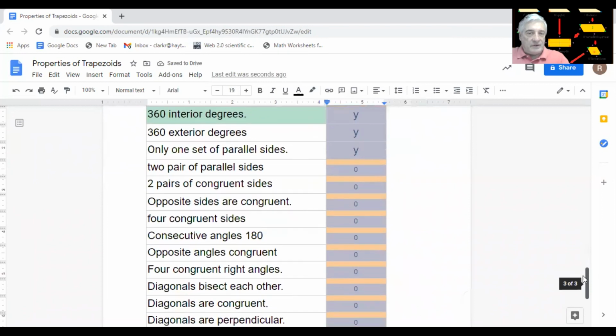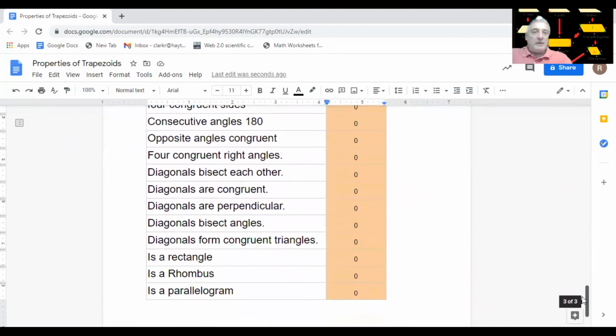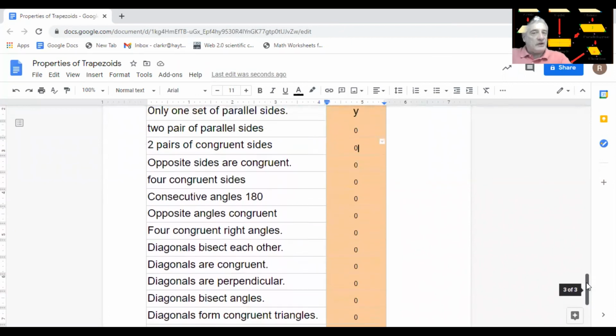Now, if you have to guess on the true false, I would guess false. When we get the trapezoid test, there will be more false questions than there are true questions.